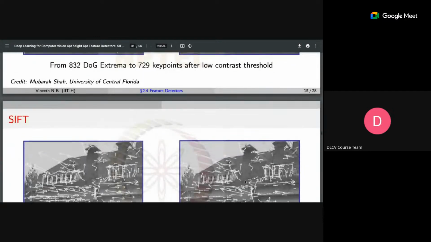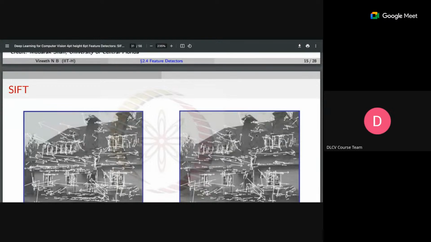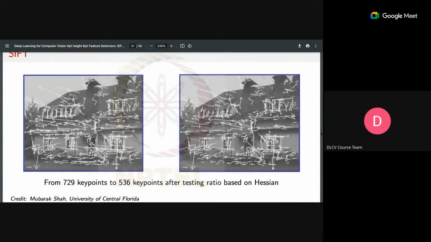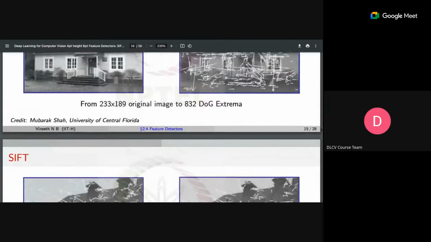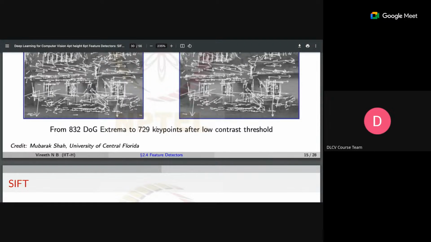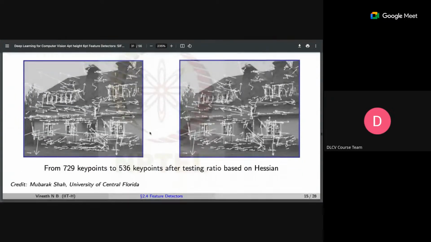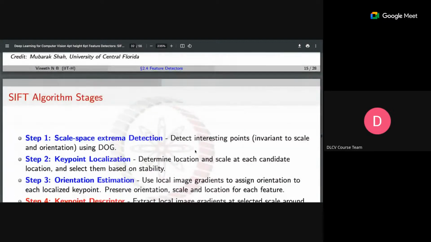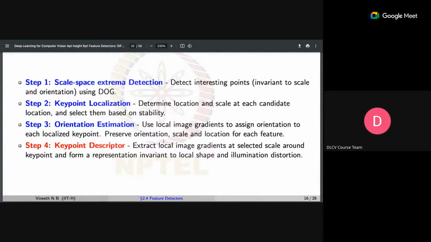And these are the directions for those key points, the arrows shown here. So we went from 832 to 729 to 536 key points in the image. Now, the next step is the key point descriptor.